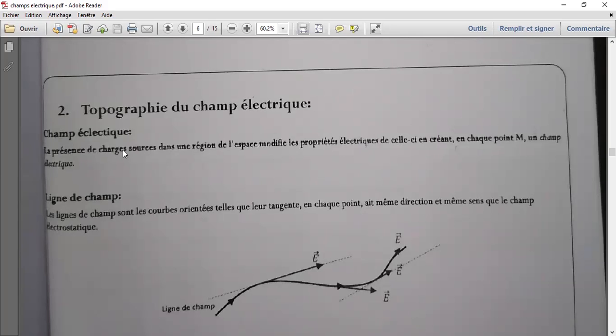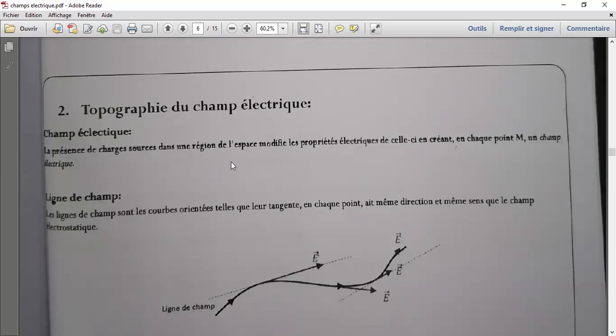So the presence of the source of a charge in a region of space modifies the electric property of that region, which is what is created.